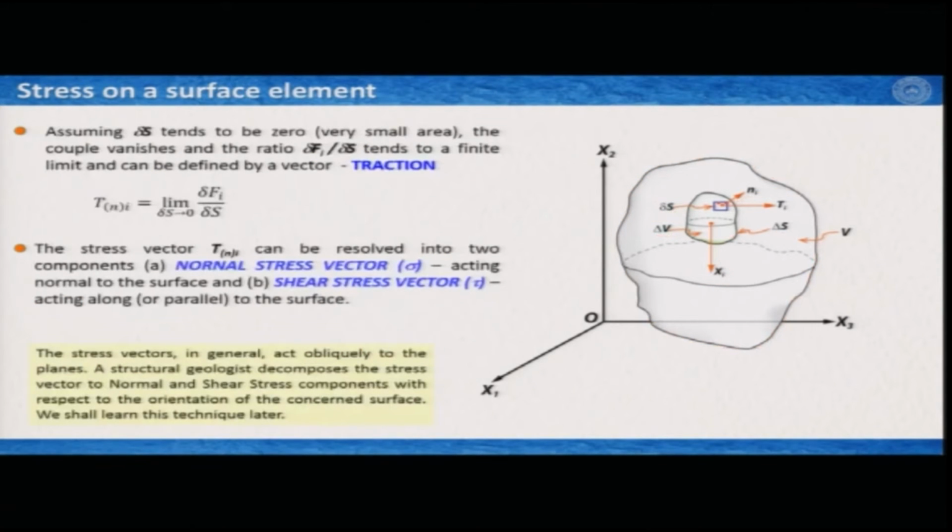So, now if we consider del S tends to 0, that means it is a very small area, then the couple vanishes and the ratio of del F I and del S tends to a finite limit and can be defined by a vector which is traction.